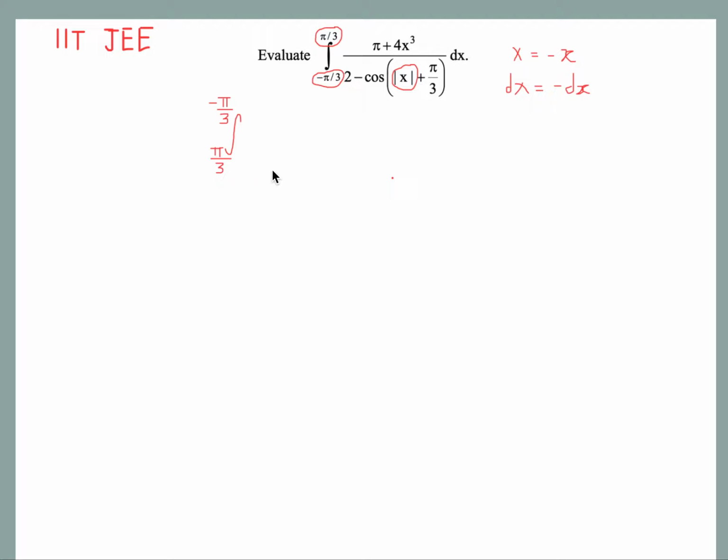Then we're going to have pi minus 4x cubed on the top, and on the denominator 2 minus cosine of the absolute value of x plus pi on 3.